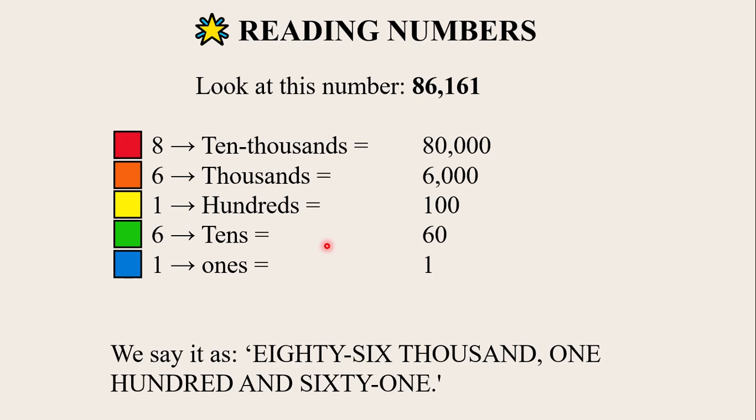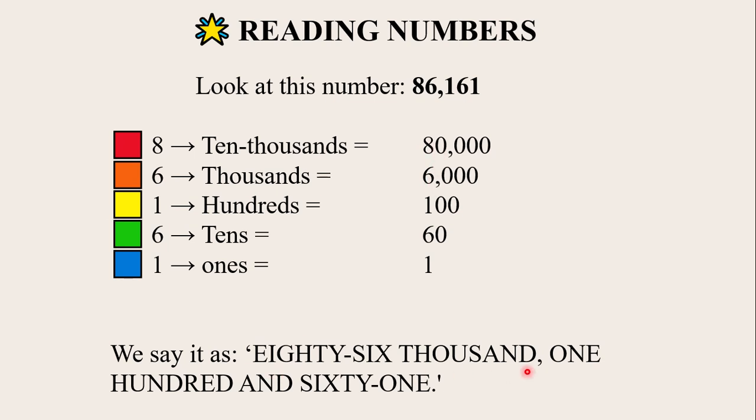So how do we call it together? Remember the rule. The first and the second one, we call together. The second to the last one and the last one, these two we call together. This one in the middle, we don't. We keep it by itself. So how do we call it? 80,000 and 6,000. If we have them together, that will be 86. 80 and 6, that is 86.